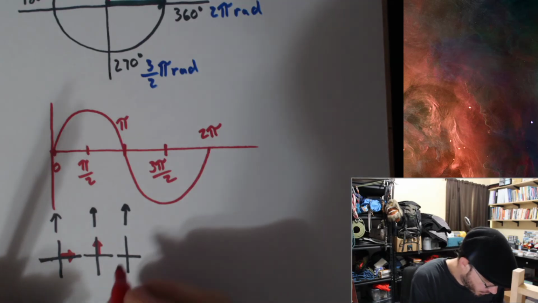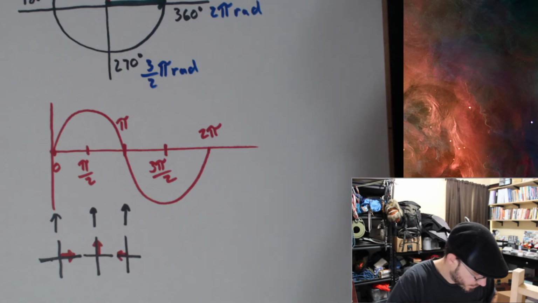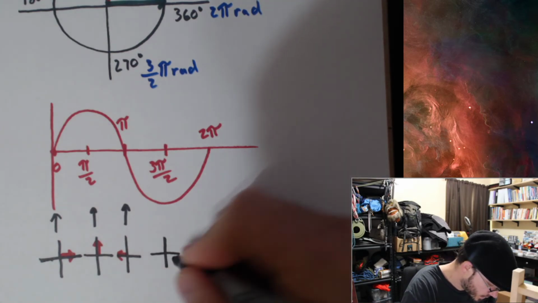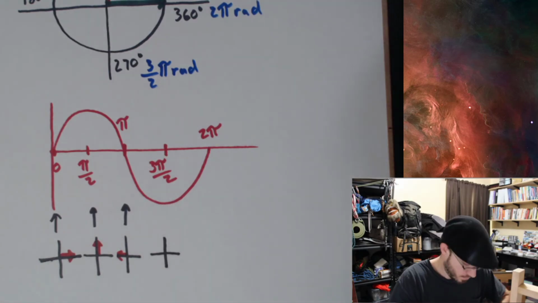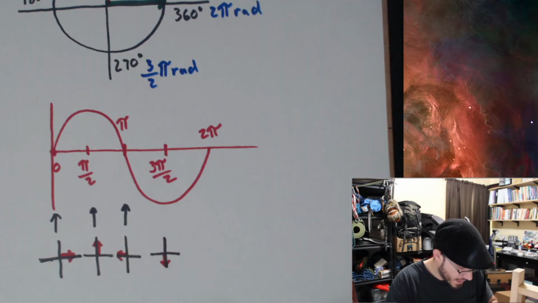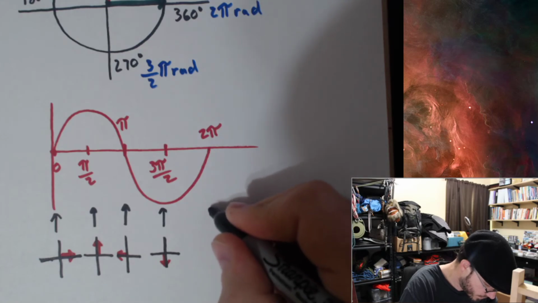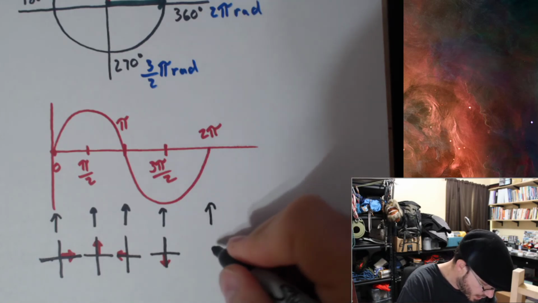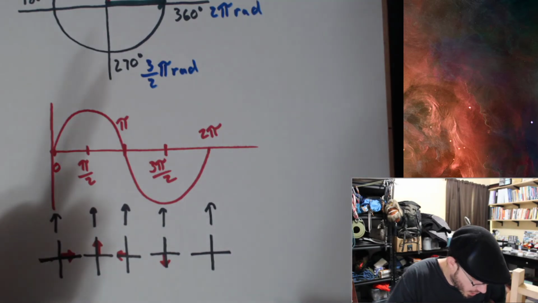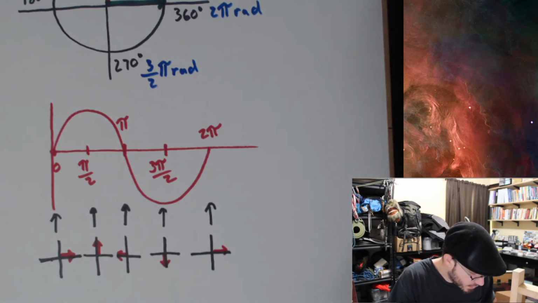When we come back around, our vector is now facing to the left. When our sine wave hits the lowest point, our vector is facing downward. And once we've completed one full cycle, we're back where we started, facing to the right.